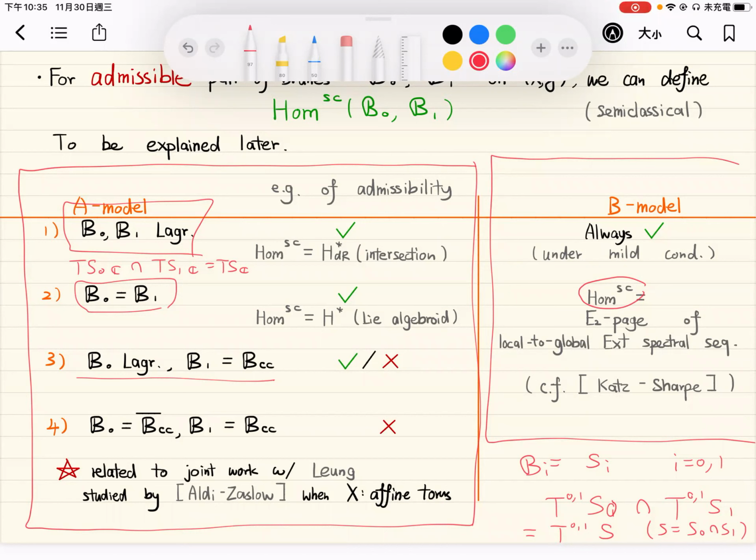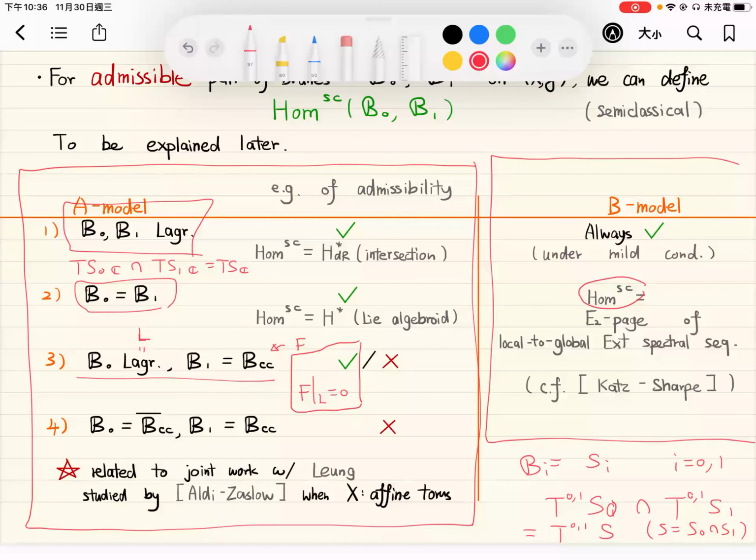For example, the canonical coisotropic brane now has a curvature, and the support of B0 is a Lagrangian submanifold L. If the curvature of the canonical coisotropic brane restricted to L vanishes, then this is the good case, and they form an admissible pair.